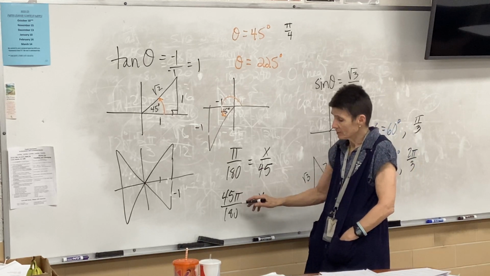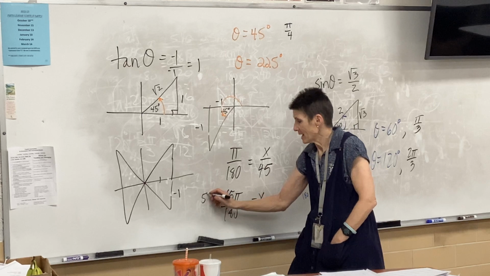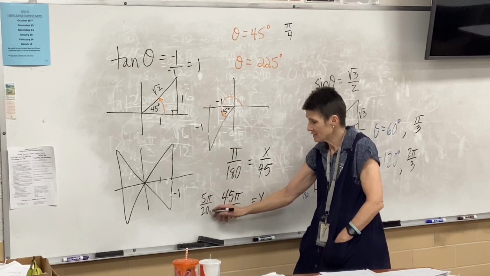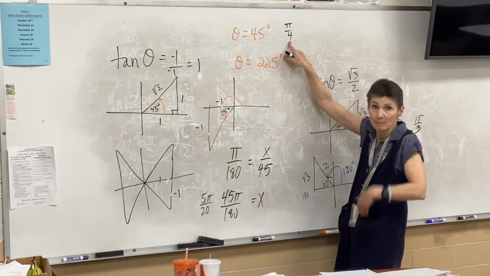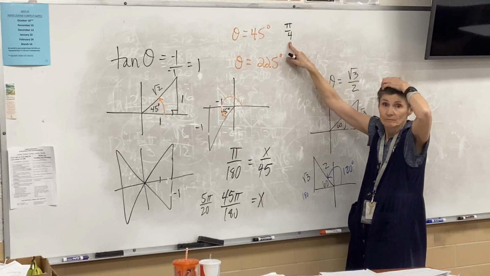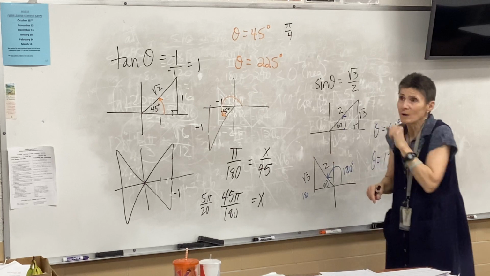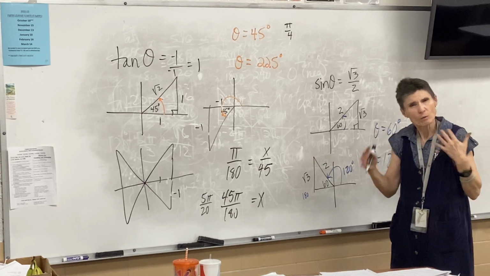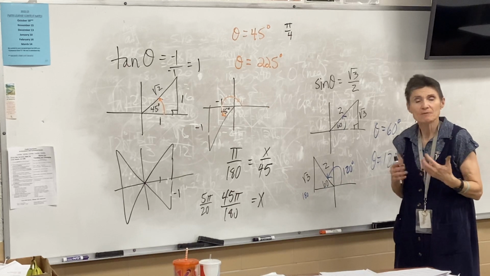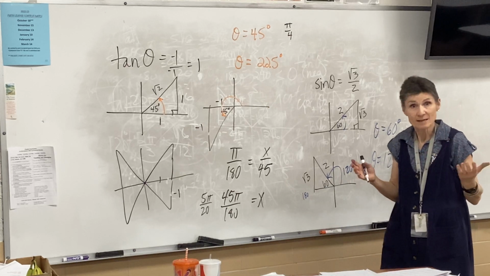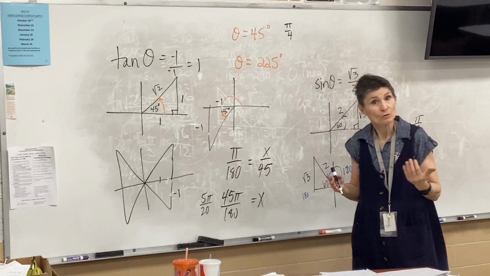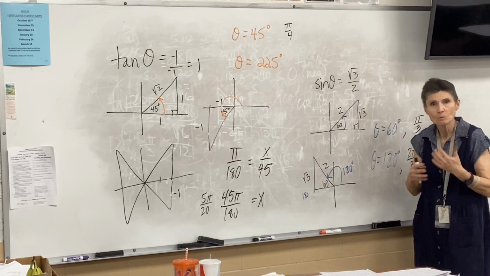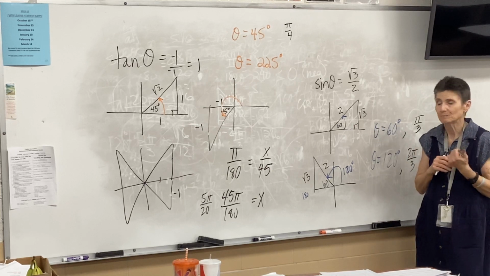These are both divisible by 9, so that's 5 pi over 20. Those are both divisible by 5, and that's how I get pi over 4. We've done enough, and we're going to do more. It's okay if you're starting to get the feeling that pi over 3 is 60, pi over 6 is 30, and pi over 4 is 45. Those are the very common ones, 30, 60, and 45.